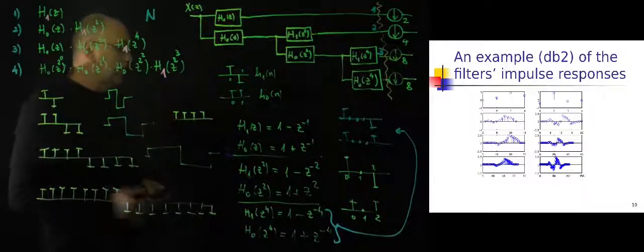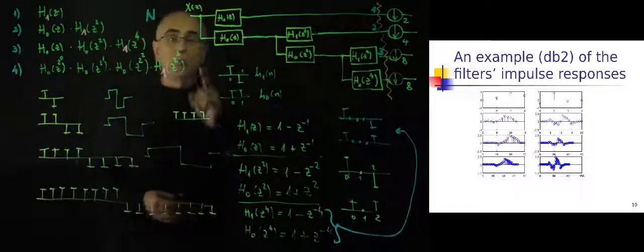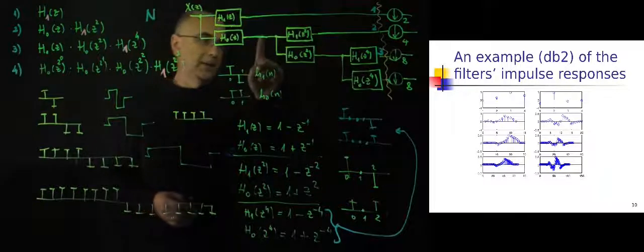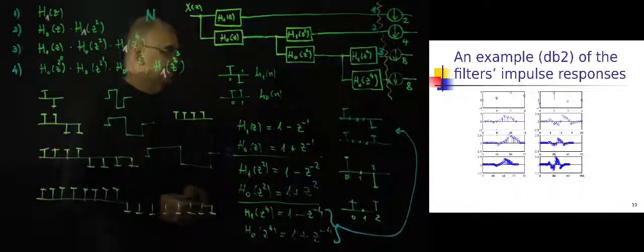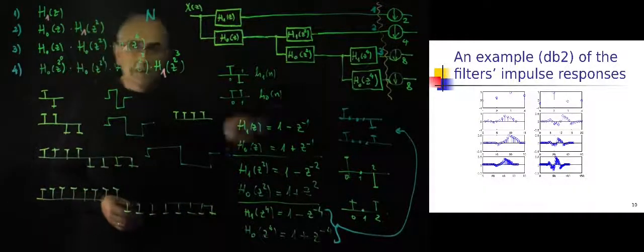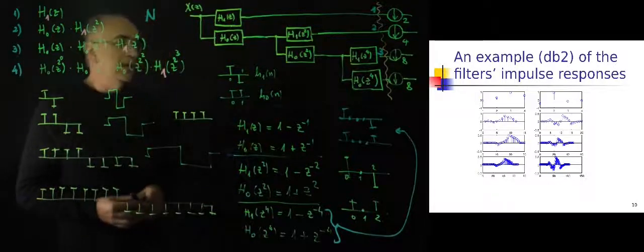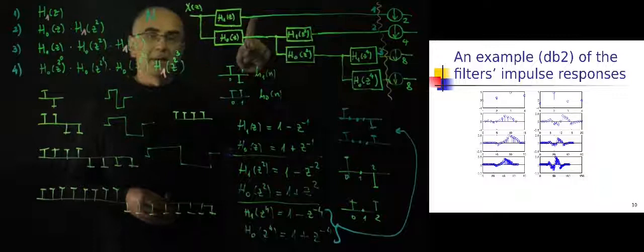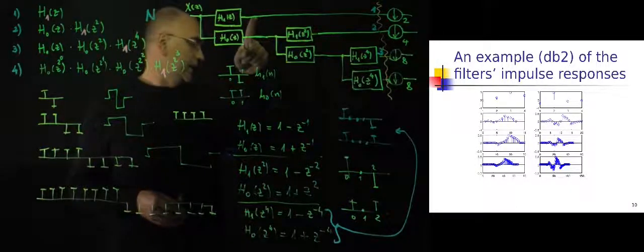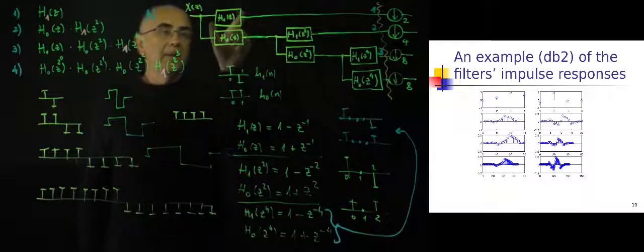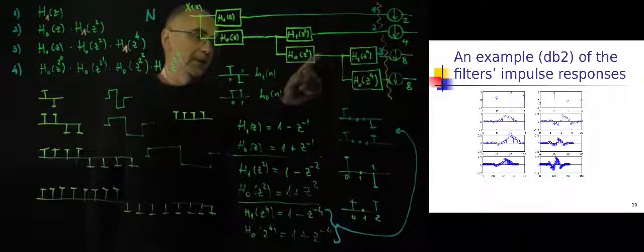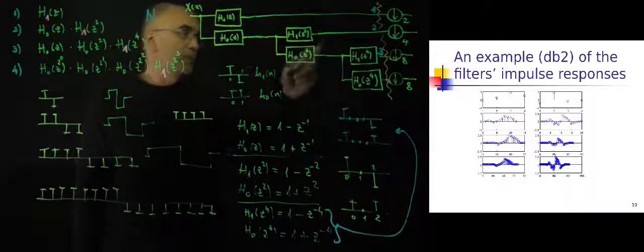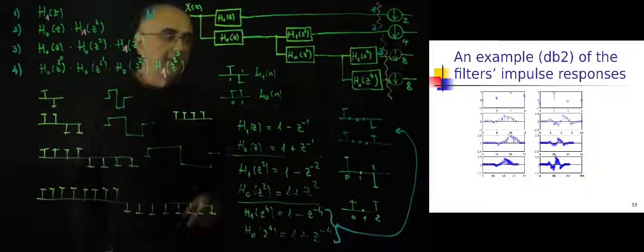On the left hand side you can see the cascade of low pass filters, and on the right hand column you can see what happens on the high pass side. These are the samples of the impulse response of H1, and then the cascade of one low pass filter and high pass filter with inserted zeros gives the other level.